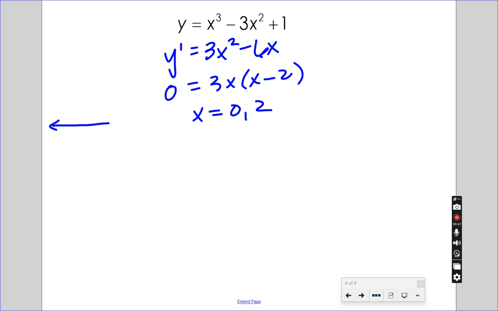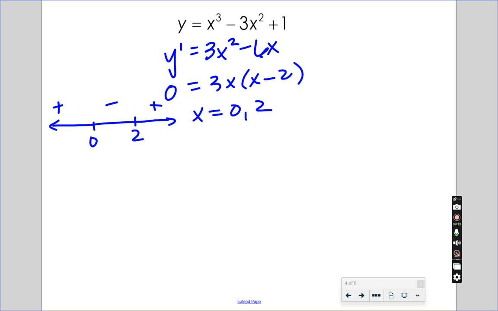Let's make a sign line. So I'm putting 0 and 2 on my sign line. Do we know what the signs are going to be? It's another 3x squared, so it's going to start high and end high. What's going to happen in the middle? Yep, minus.